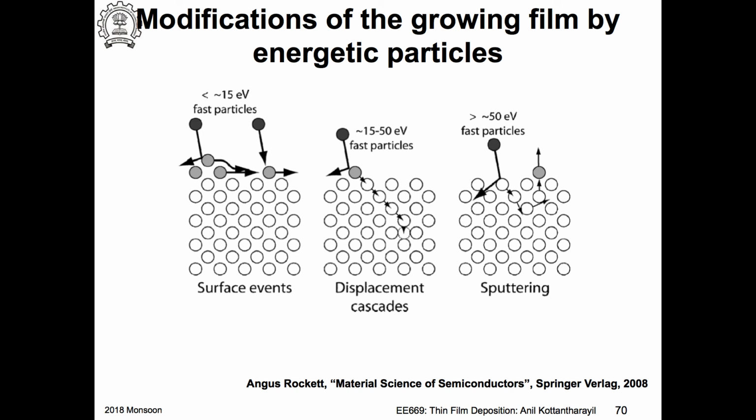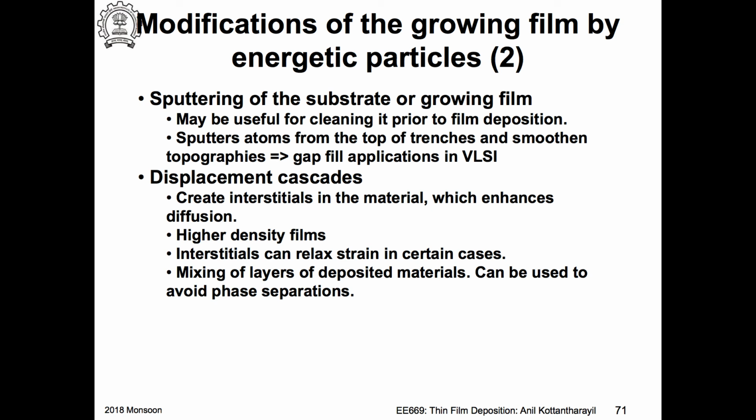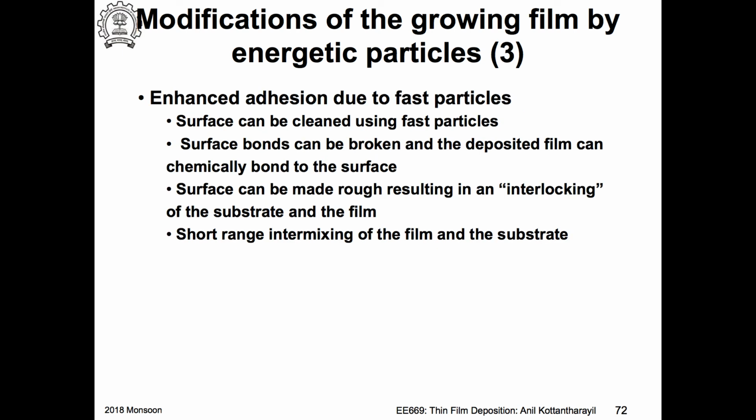We have seen this previously: the sputtering of the growing film can be utilized. I'll show you some examples: displacement cascades and so on. There is also enhanced adhesion due to fast particles, because of intermixing, cleaning of the surface, and things like that.